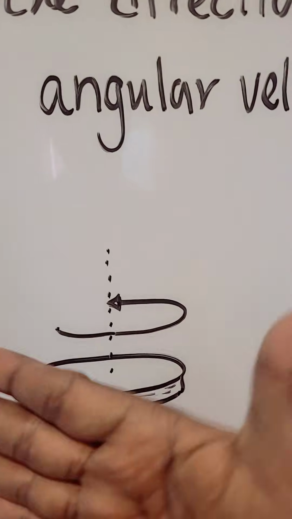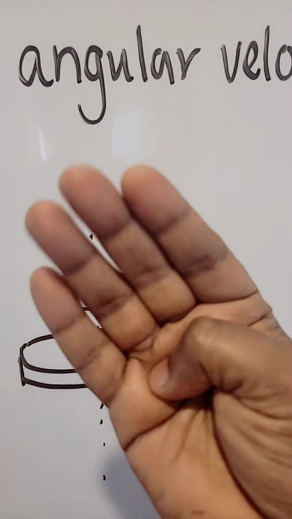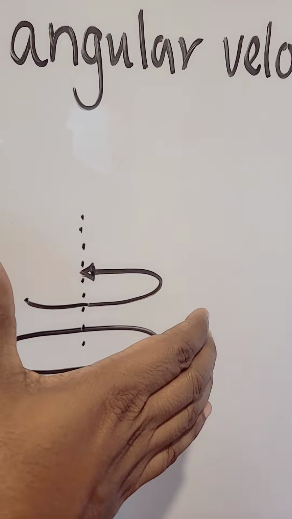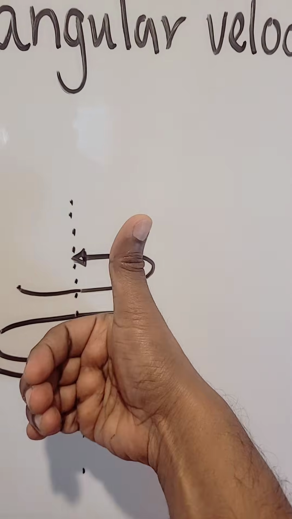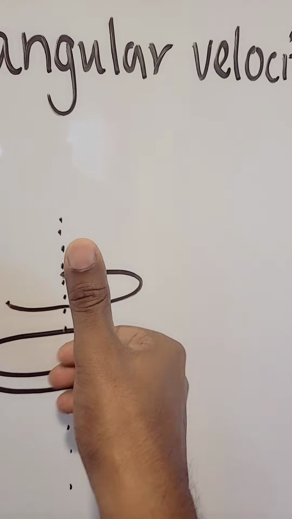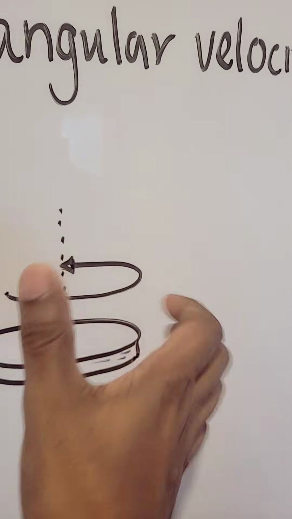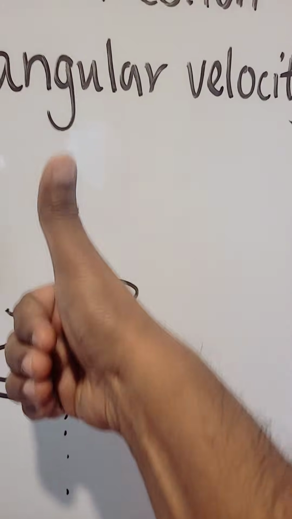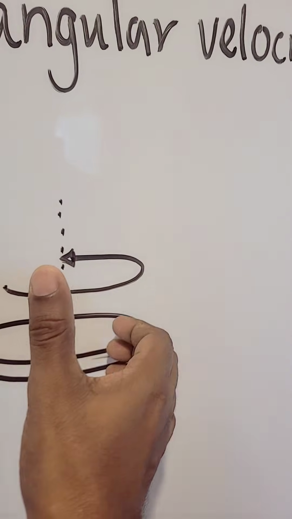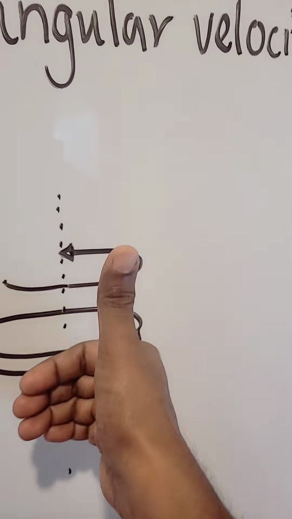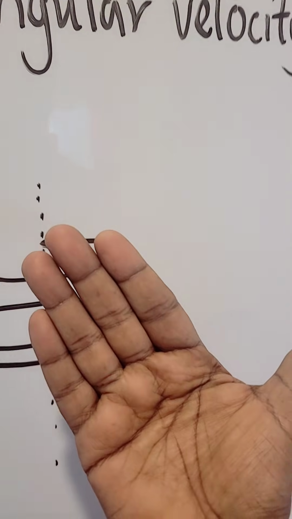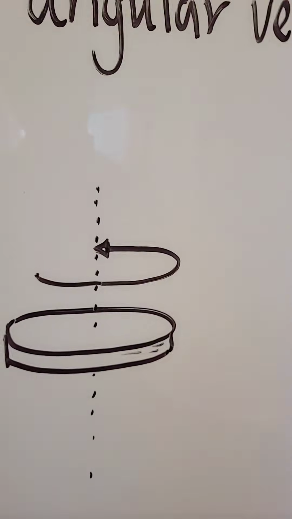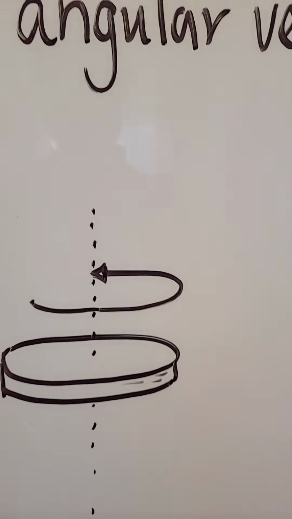What you need to do is use your right hand, look at these four fingers. You are going to align the four fingers in the direction of rotation, along the direction of rotation, and then look at the thumb. The thumb is pointing upward. You curl your fingers along the direction of the rotation, these four fingers of your right hand, and then the direction of the thumb is going to give the direction of the angular velocity vector.